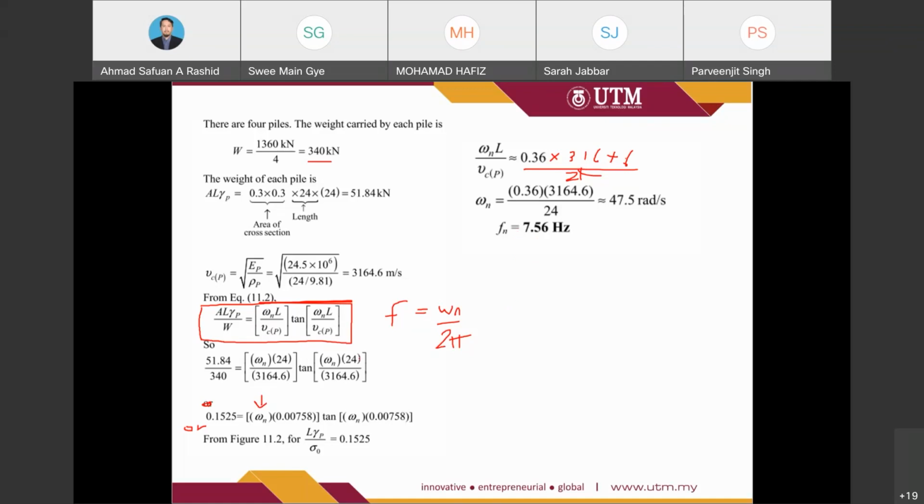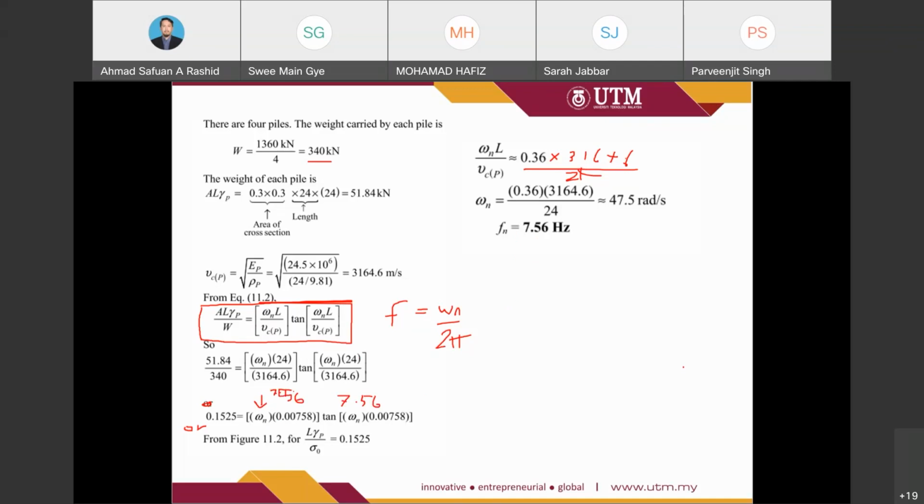So try to solve this equation, or you can calculate to get the value of omega. That is for the end-bearing type.